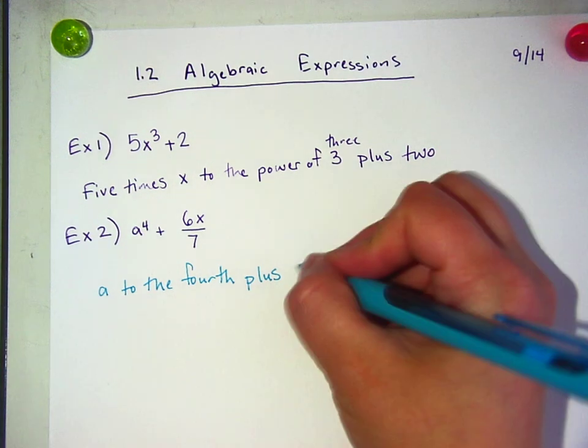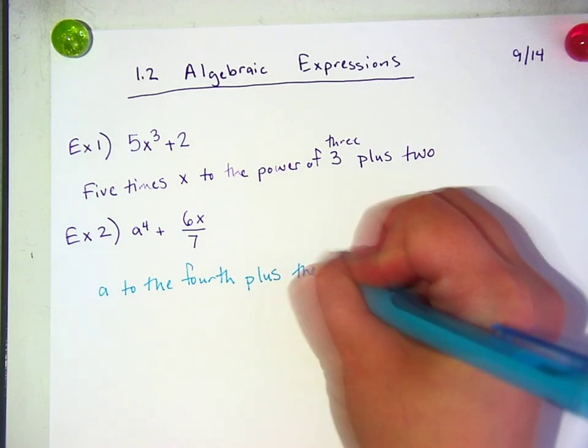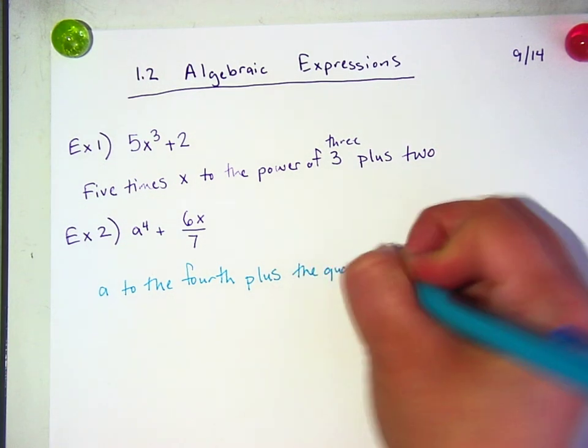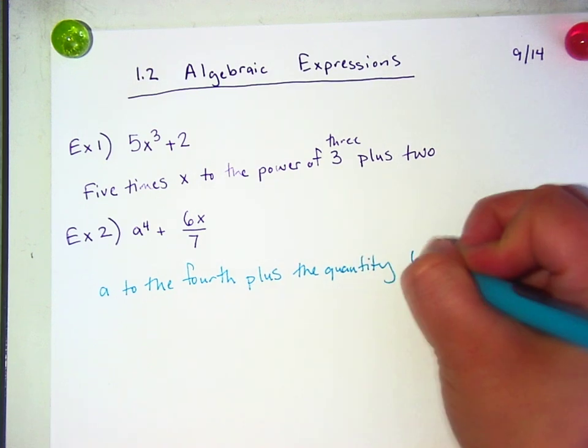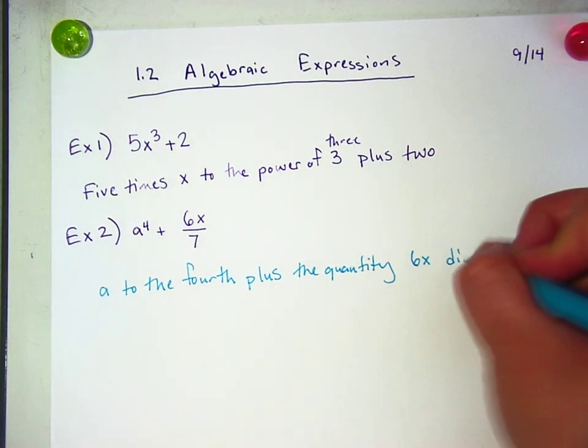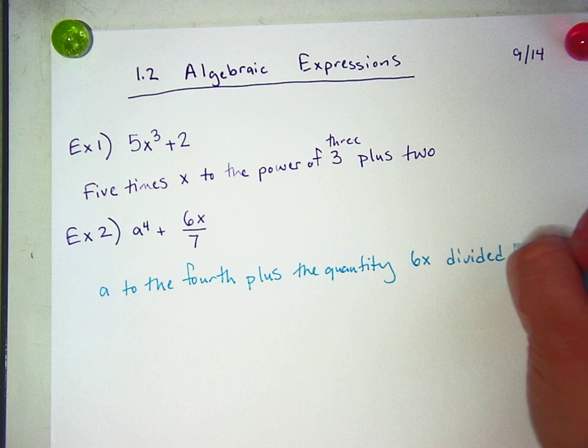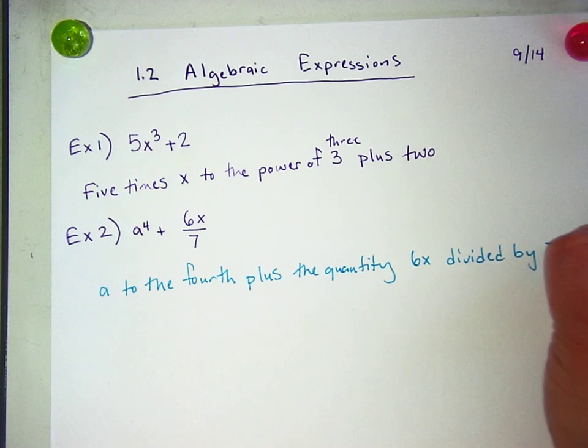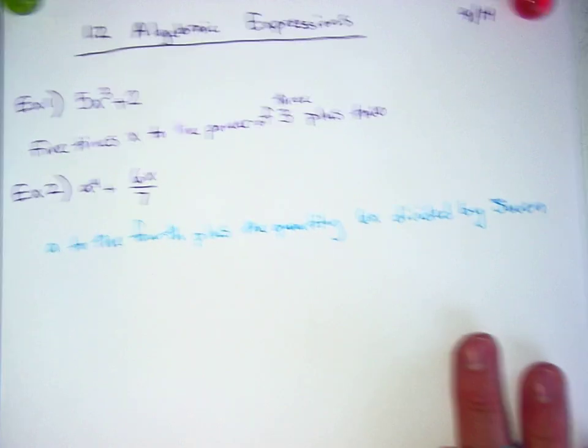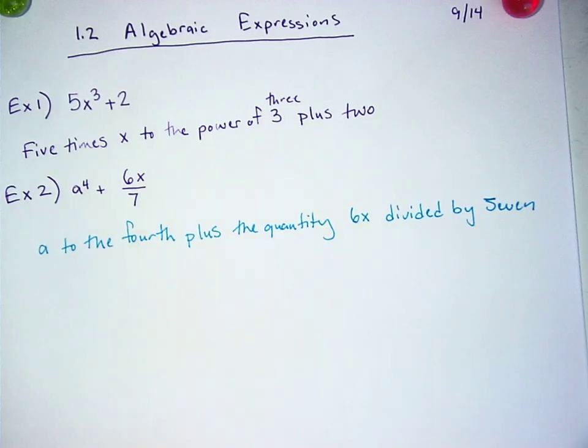If I was going to say it, I would say plus the quantity 6x divided by 7. Or I could say the product of 6 and x divided by 7, which would imply that it's all on top.